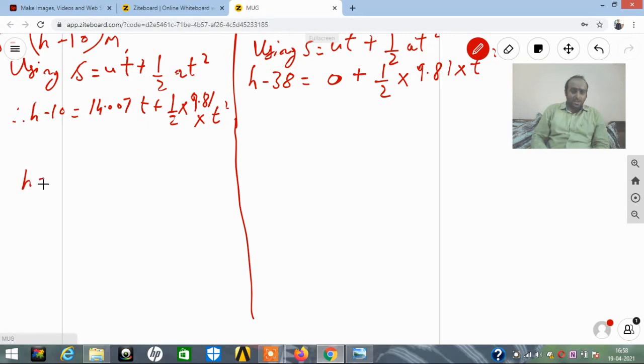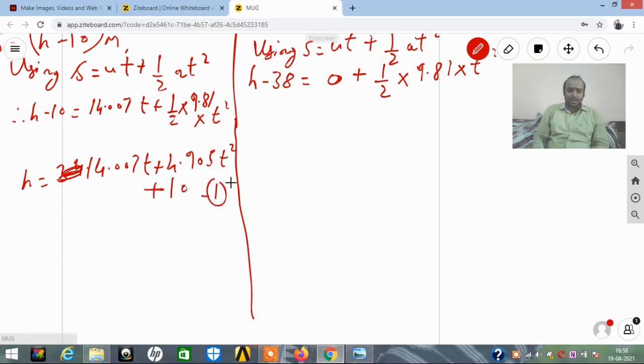Now h is equal to 14.007, sorry, it is in terms of t, it cannot be added directly. h is equal to 14.007 t plus 4.905 t square plus 10, that is the first equation. Similarly, h is equal to 4.905 t square plus 38, that is equation number 2.